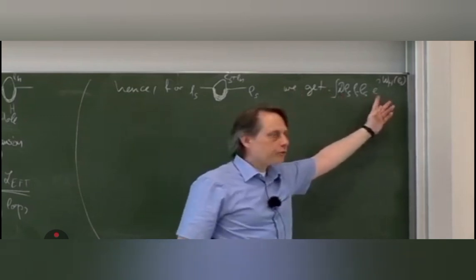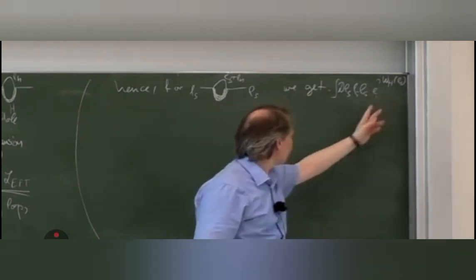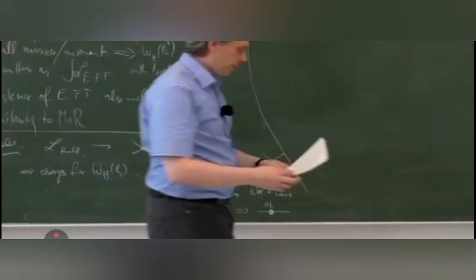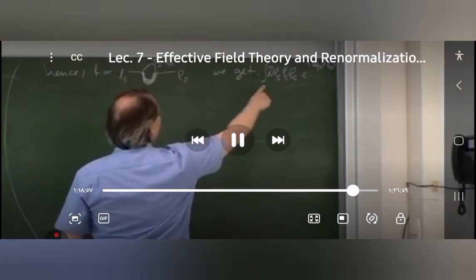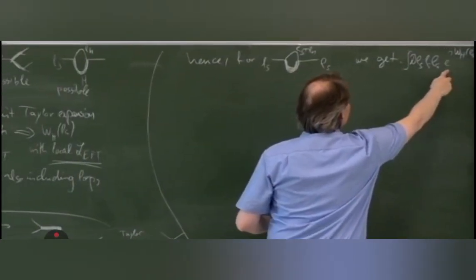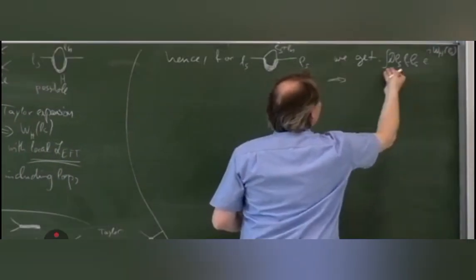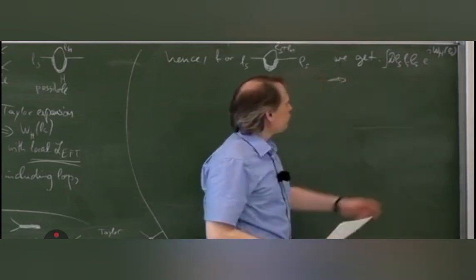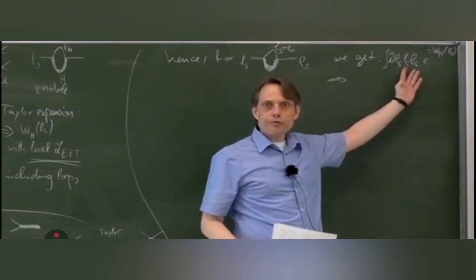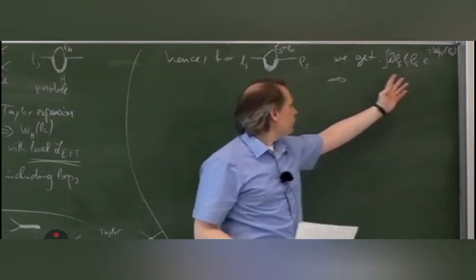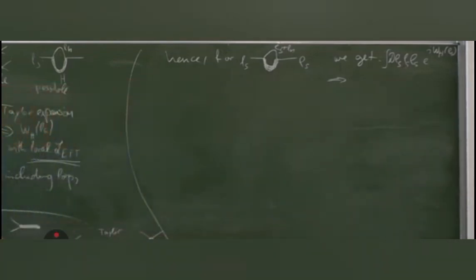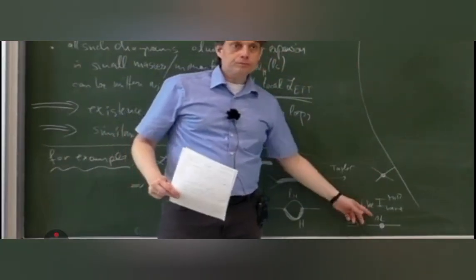Here I put the result of the blue box, and the result of the blue box is the collection of these two Feynman rules, and therefore in the effective theory this becomes this path integral, and we now evaluate this path integral in the usual way. That means we calculate all Feynman diagrams corresponding to two external LS with the Feynman rules from here.